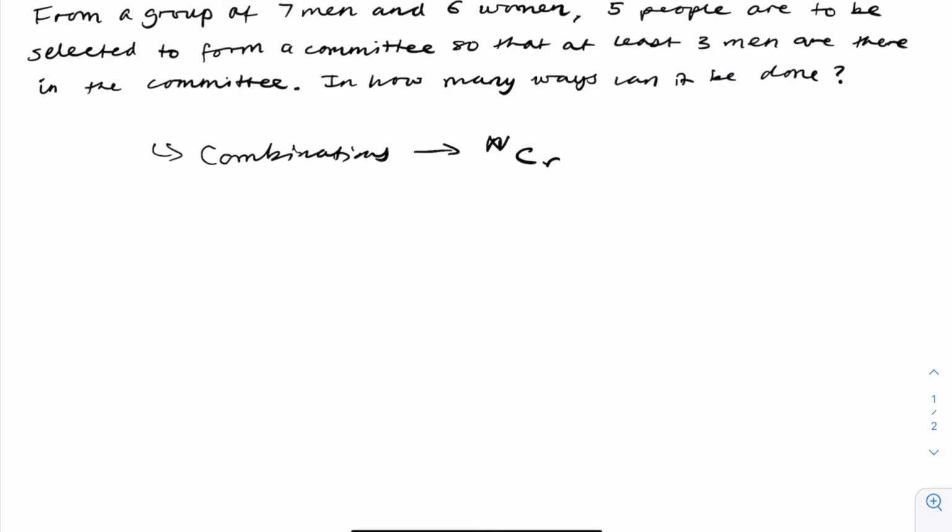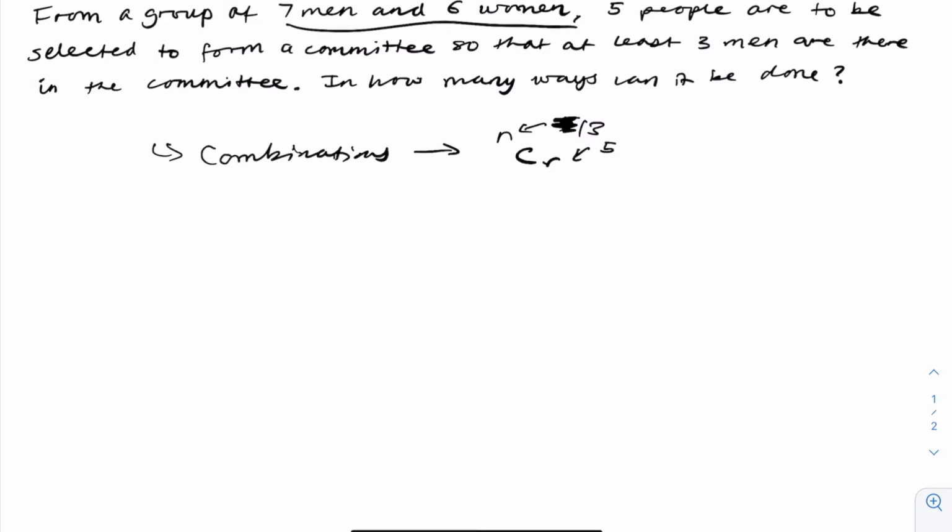If we recall, n is the number of items, which in this case is 13, because we're choosing from 13 different people, and r in this case is 5.